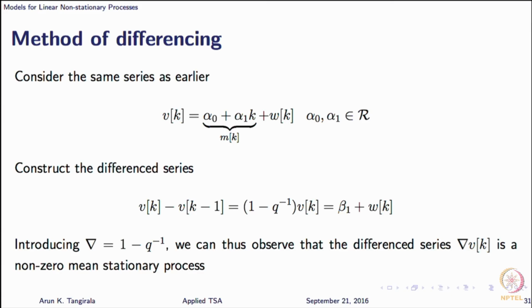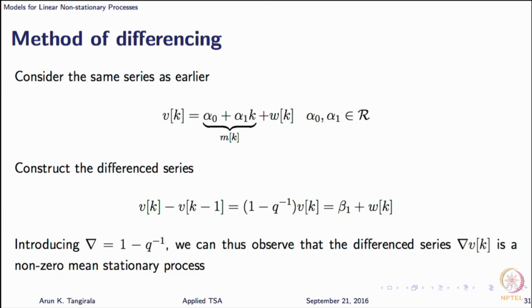If it has a quadratic trend, you have to difference twice. But there is one problem, in fact this is wrong here, it should be (1 minus q inverse) Wk, I will make that correction. There is one problem with this differencing approach to handling linear trends.